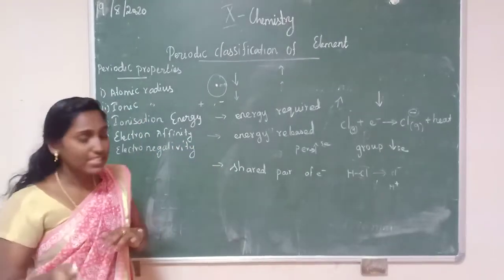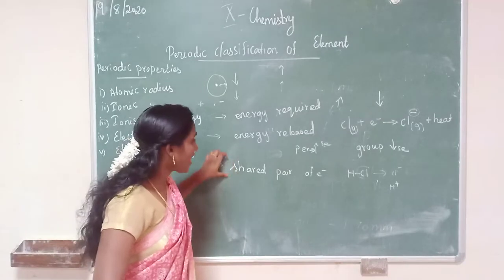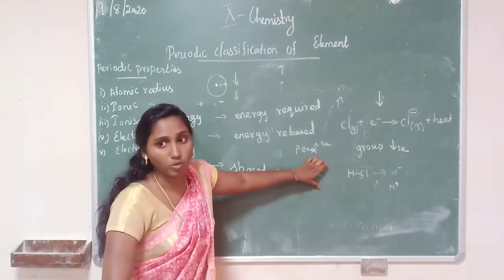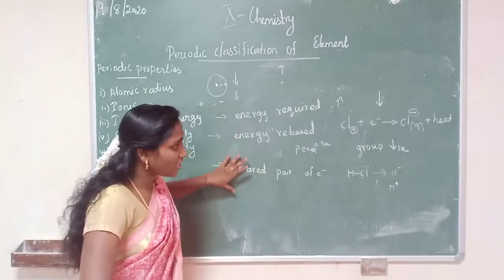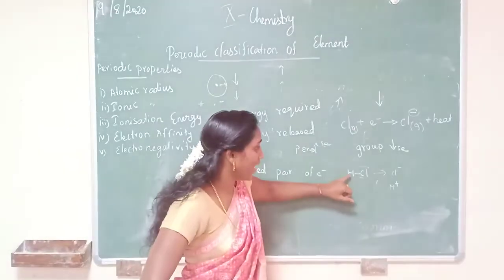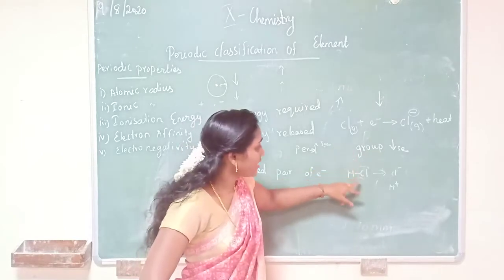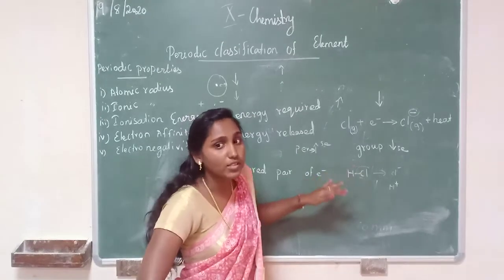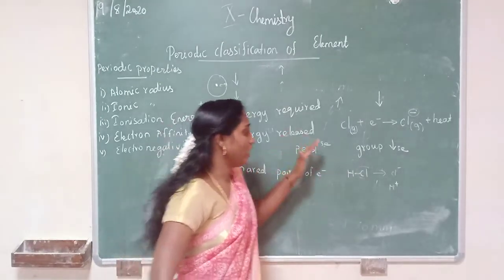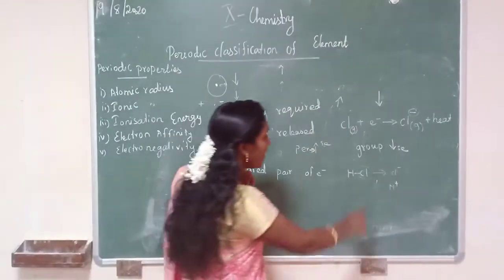Electronegativity means the tendency of an atom to attract the shared pair of electrons towards itself in a covalent bond. The atom may be a hydrogen atom or a chlorine atom. Example, HCl.